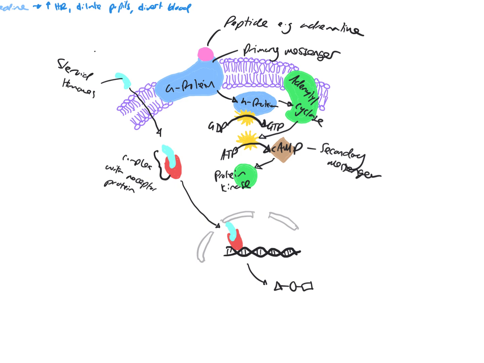It also, as I just said, phosphorylates glycogen phosphorylase, and this actually activates it. Now what this is going to do is promote your breakdown of glycogen, so glycogenolysis, and there's also a role here in activating your gluconeogenesis.